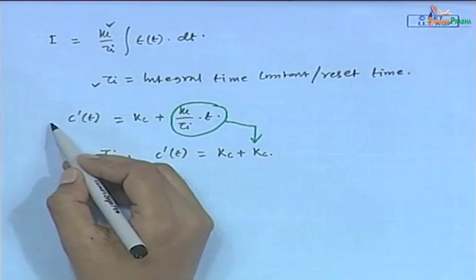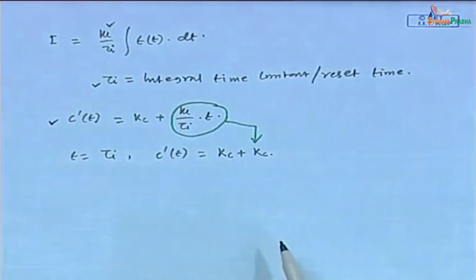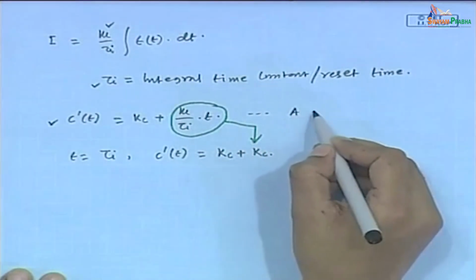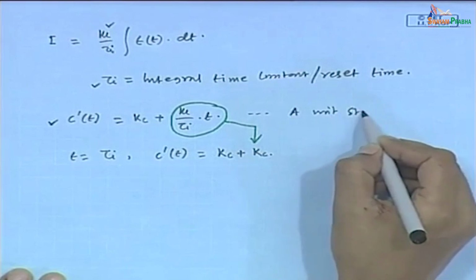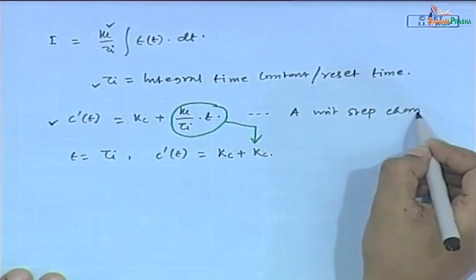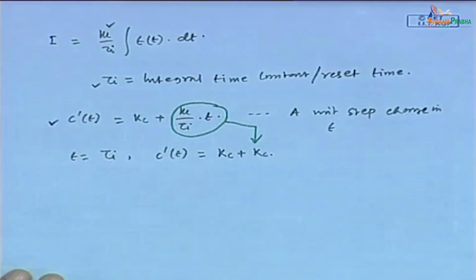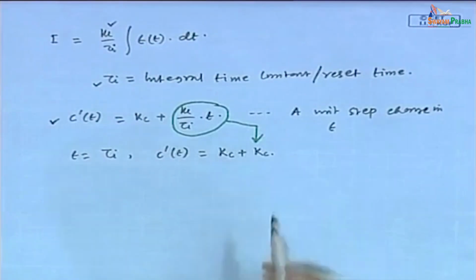Now, we obtain this form C prime t equals Kc plus Kc divided by tau I into t, considering a unit step change in error signal. Now, we are just considering time t equals tau I. Then the controller output yields C prime t equals 2 Kc.